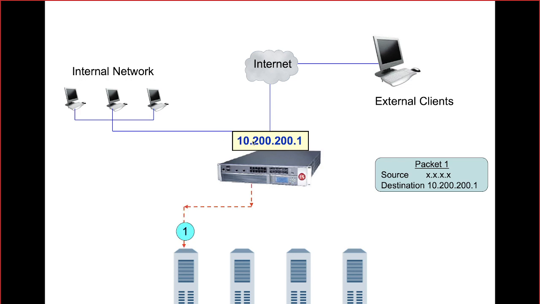Okay. Now, in this scenario, the source address has been translated. Because of that, the first packet, whatever the source IP address was, and whatever the destination IP address is supposed to be, 10.200.200.1. Now the source IP address is getting translated to 10.200.200.1, and then the destination IP address is getting translated to 10.10.10.1. Is this clear?